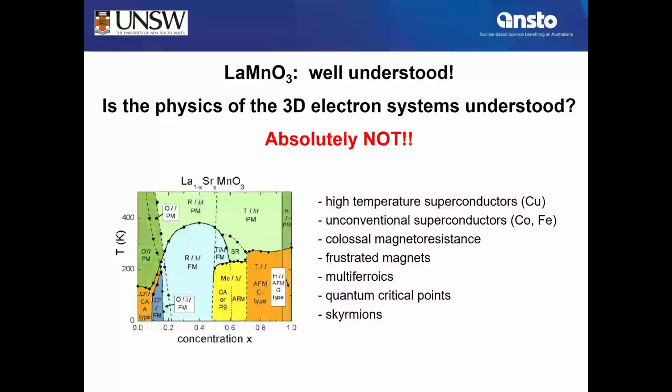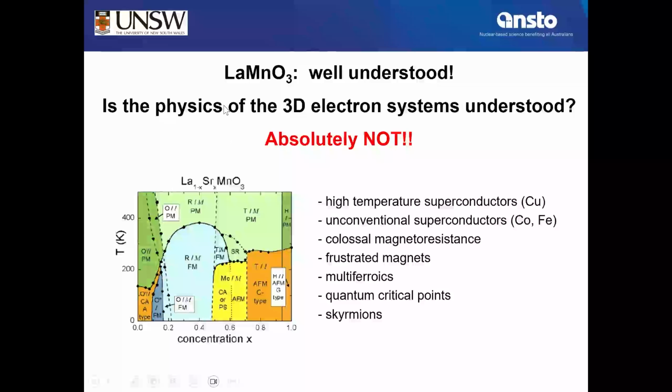Frustrated magnets, we can have competing exchange interaction, and simply spoken, the spin doesn't know what to do in the end. That's called frustration. If you have a spin cycloid, the material might become multiferroic and with a strong ferroelectric coupling. Quantum magnets, quantum critical points is a hot topic in current research. And I will also show you some real results about skyrmions.